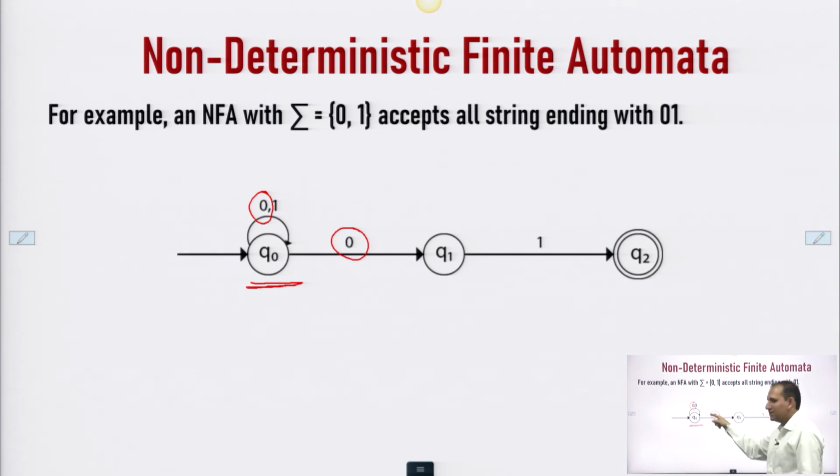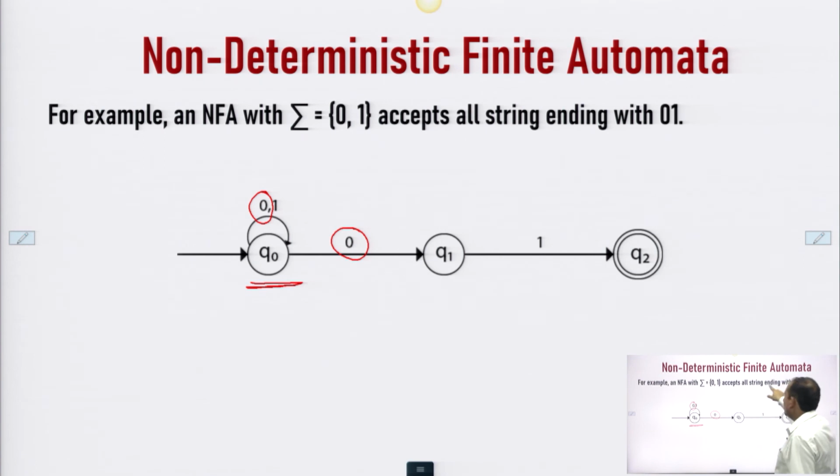So, this is the non-deterministic automata. It is a non-deterministic finite state machine. For a single input 0, I have one transition from q 0 to q 1, and for the same input 0, there is another transition from q 0 to q 0 itself through this loop, right. So, this is the NFA characteristic which is highlighted over here, right.